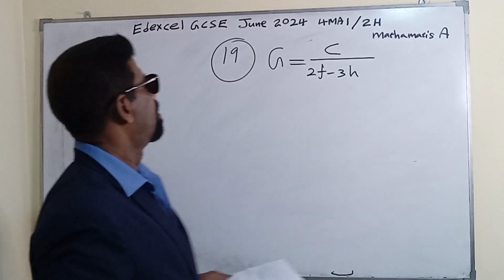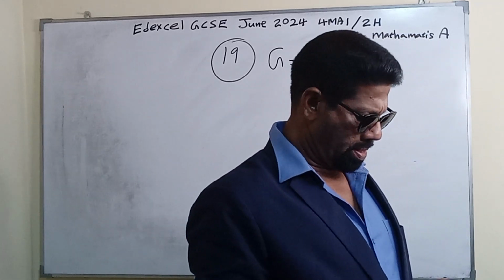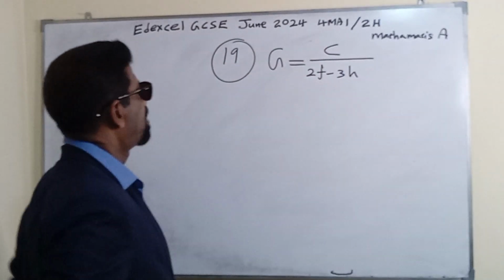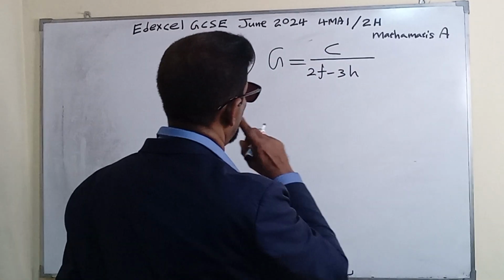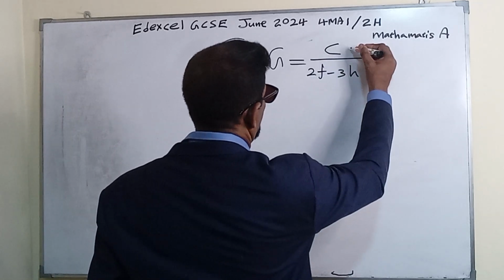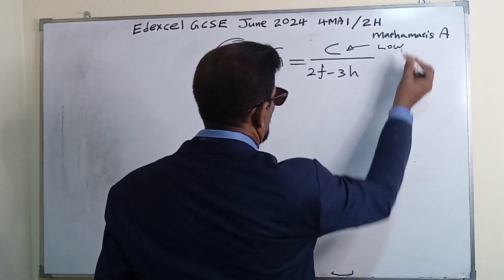Work out the lower bound of G. I think the lower bound means you take the lower bound value of C.